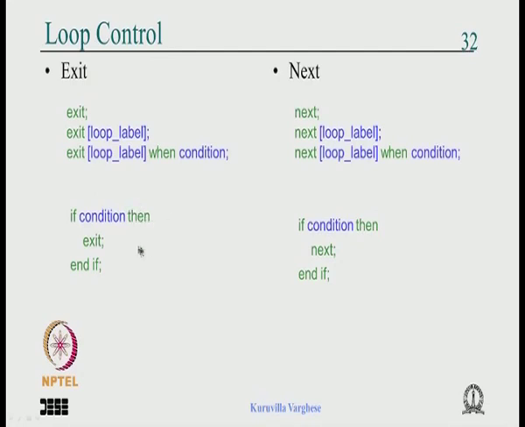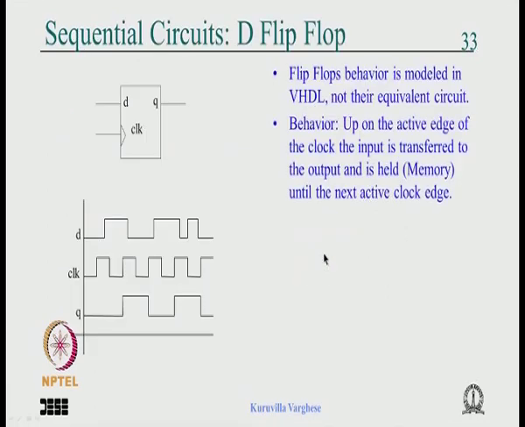As I said, it can make some irregular structures, or you can write if condition 1 then exit. Next is skipping the loop, again a conditional skipping may be useful. It is similar to the sequential language. You could even write, instead of next when condition, if condition then next end if.